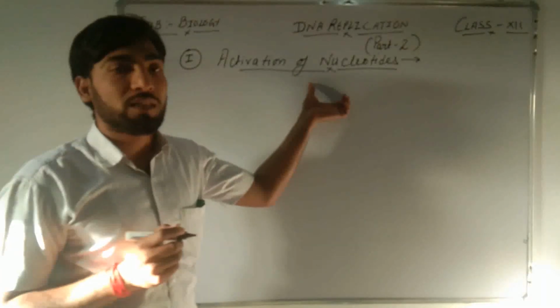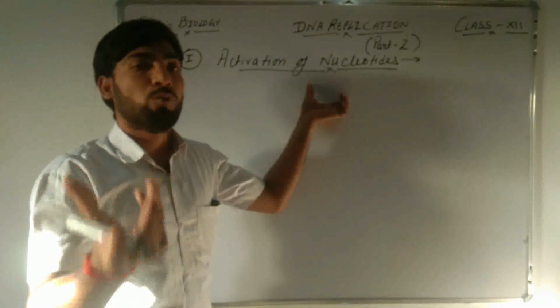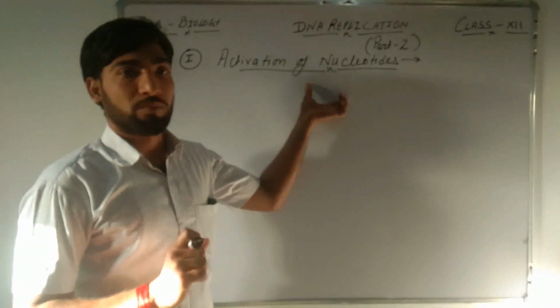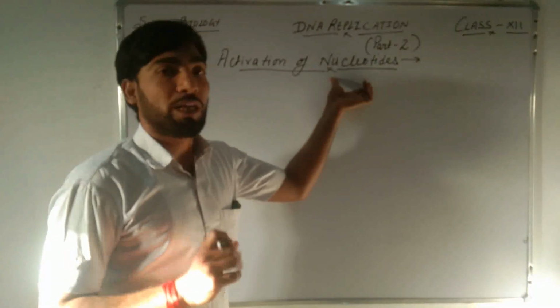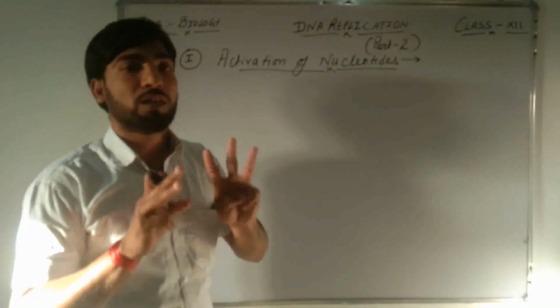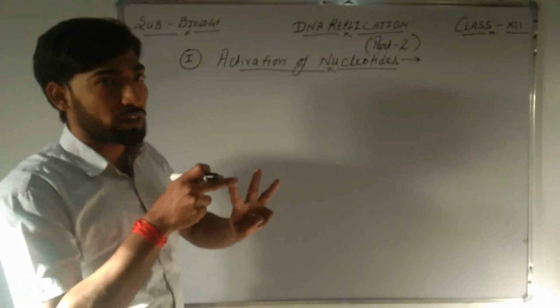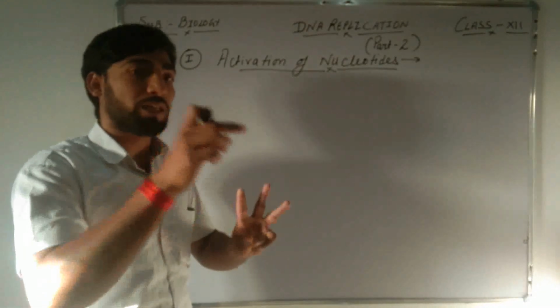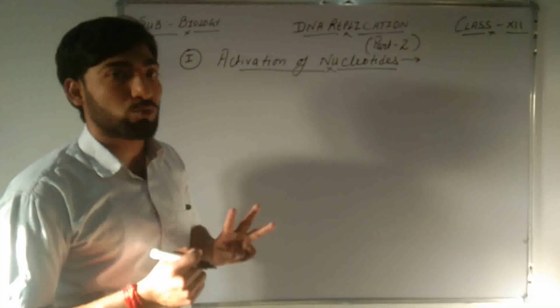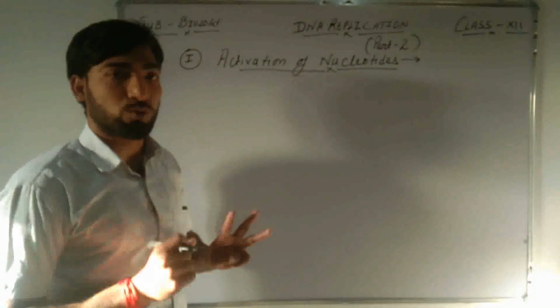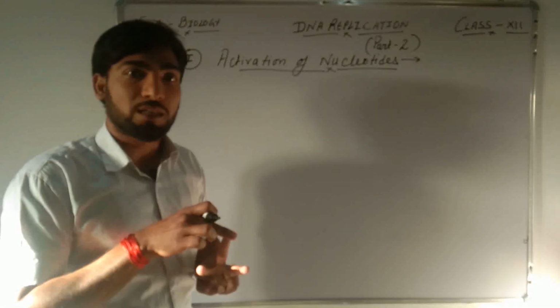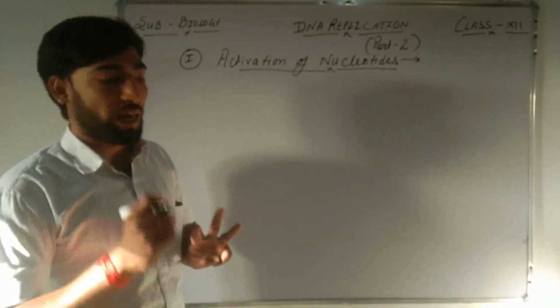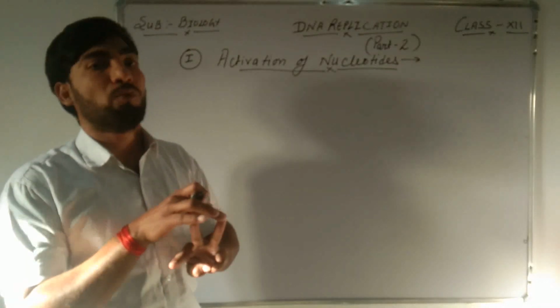These nucleotides are basically monomeric units of the DNA polymer. And each nucleotide in DNA consists of three components. The first component is pentose sugar. In case of DNA, this pentose sugar is deoxyribose sugar. The second component is a nitrogenous base, and the third component is a phosphate.